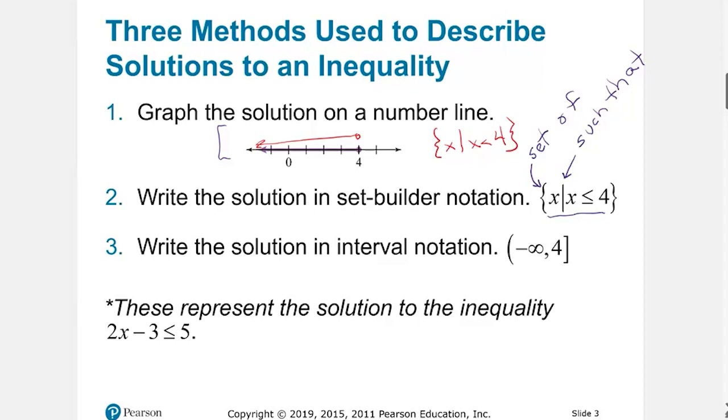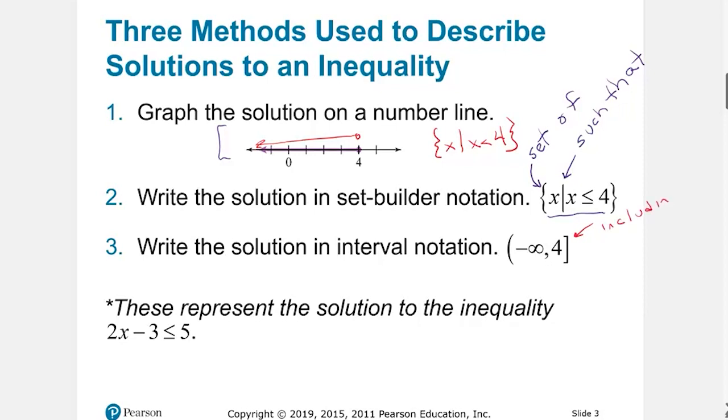And then we're going to learn how to write the solution in interval notation. This means from negative infinity. We always go from the smallest to the biggest. The smallest here is negative infinity because it's less than 4, so it keeps going on infinitely to the left of that dot, and it goes up to 4, and this means including 4.